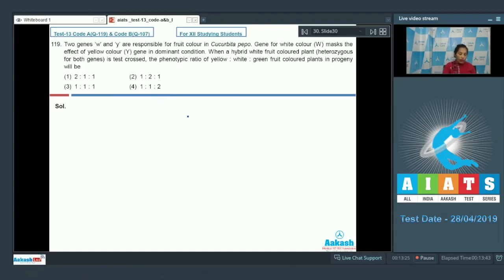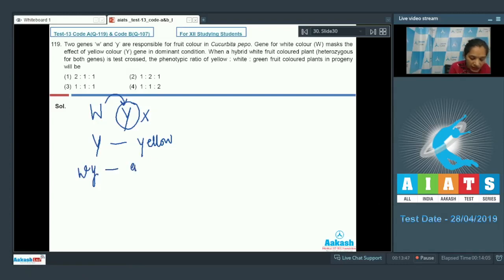See, this is the case of dominant epistasis. Here, if W is present in the dominant condition, it will mask the effect of Y. And if Y is present alone, it will produce the yellow color. And if both the dominant genes are missing, the color will be green.